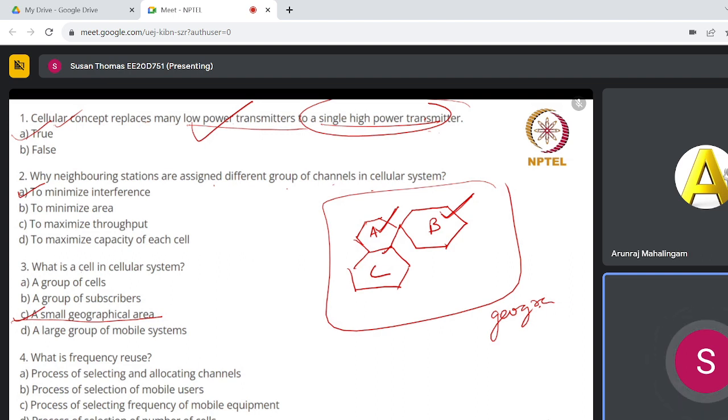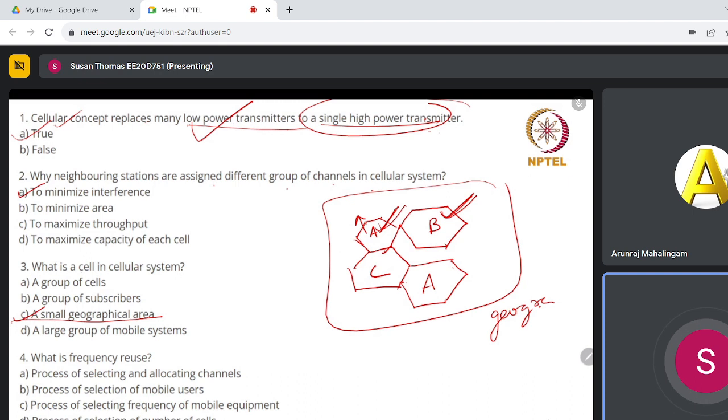Now the question is about a concept called frequency reuse. Before going to that question, I would like to tell you, suppose there are some adjacent cells, cell A and cell B. There is another cell which is also A. What does it mean?